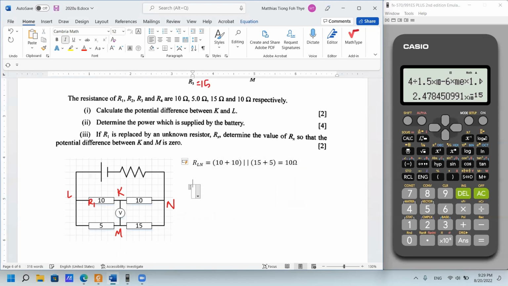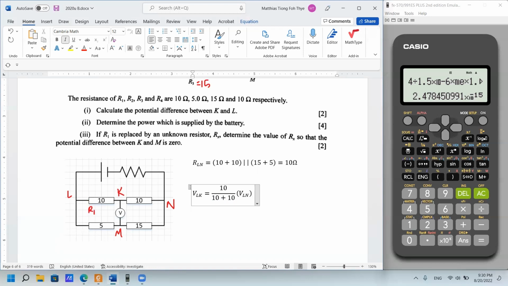Next we apply the potential divider to obtain the voltage of LN. Then we apply the potential divider again between 10 and 10 ohm. We can obtain the voltage of LK from the 10 over 10 plus 10 ohm, multiplied by the voltage of LN.